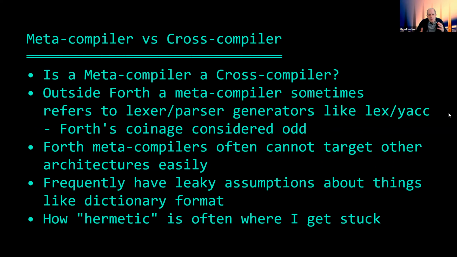Outside of the Forth community, this kind of thing is often called a cross compiler. Although I think it's a debatable point whether what's meant by metacompiler in the Forth community really is one and the same as cross compilation. I think there is a subtle difference.